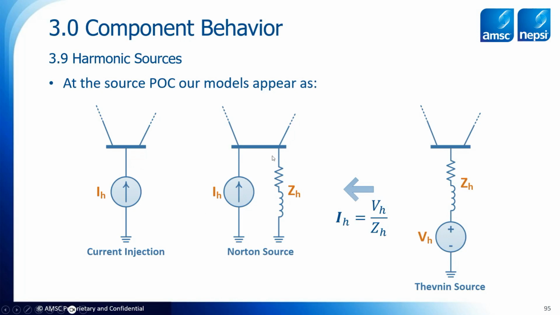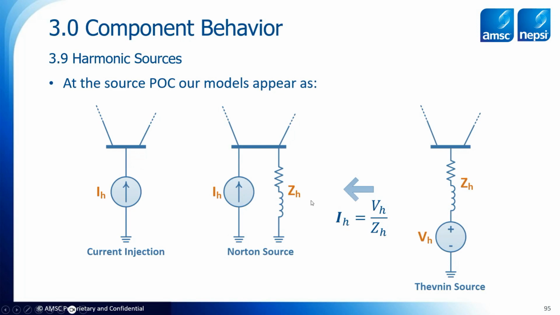In this case, you would want a Norton source model, and you have a current injection blended with an impedance that is hung on the bus. Often this is shown as an admittance, but when you finally do the nodal analysis, you will invert Z into an admittance. But you could look at it from this form as being a shunt impedance.